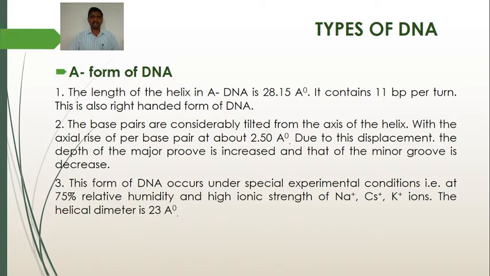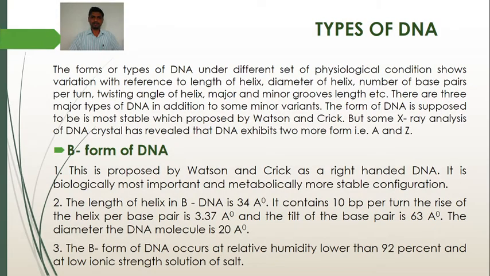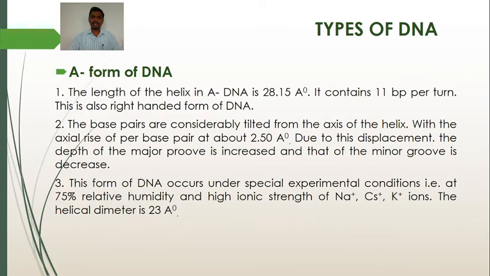The bases are considerably tilted from the axis of the helix, with an axial rise per base pair of about 2.50 angstrom. So the distance between adjacent nucleotides is 2.50 angstrom, while in the B form of the DNA it is 3.37 angstrom.